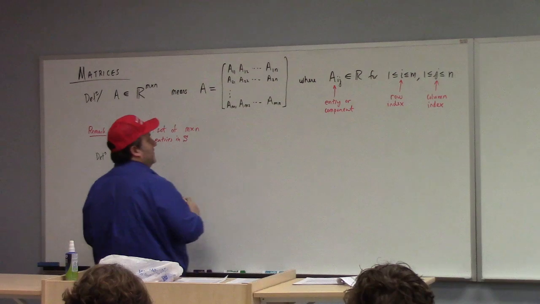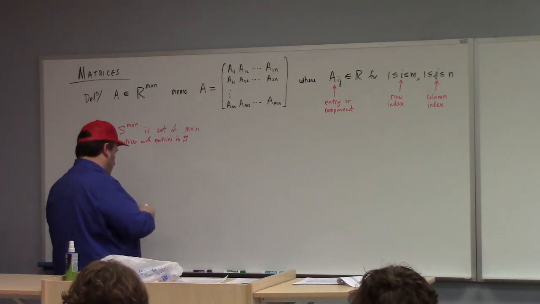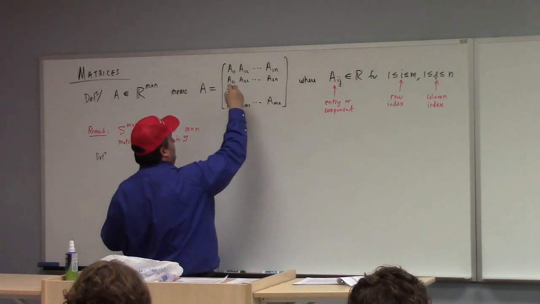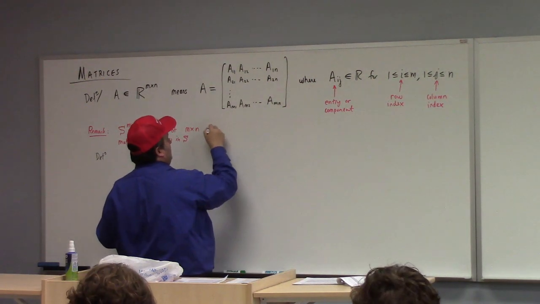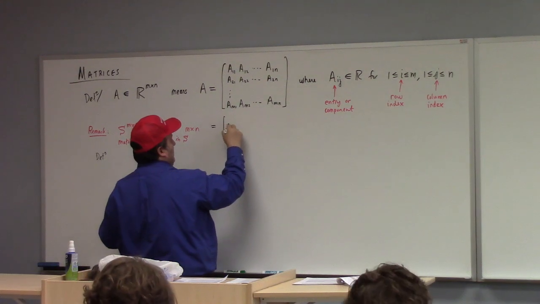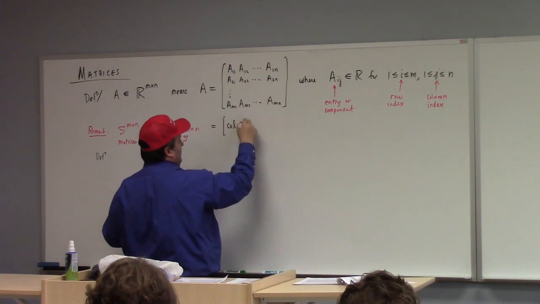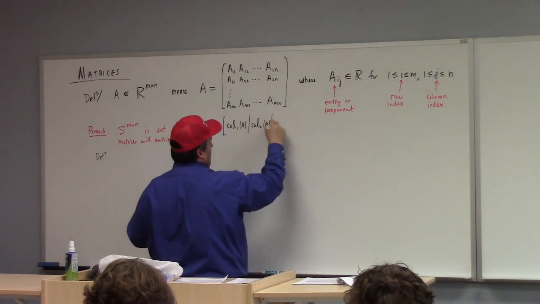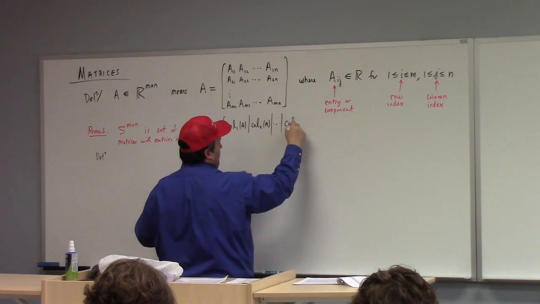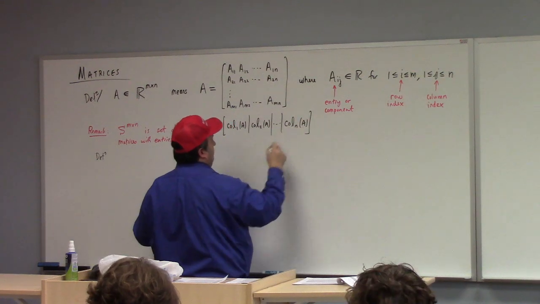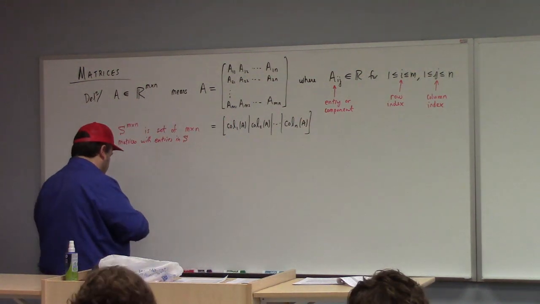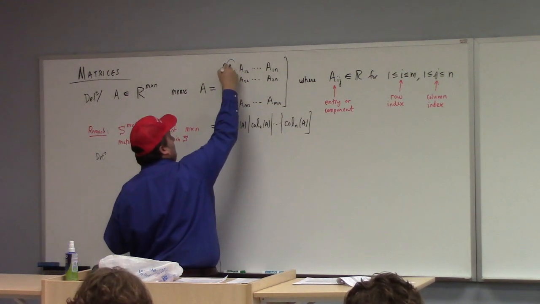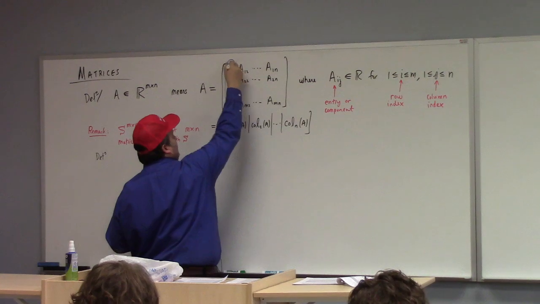So here, this matrix A, we could also write it as column 1 of A, column 2 of A, all the way out to column N of A, like that. All right, so column 1 is this piece right here. This is column 1.